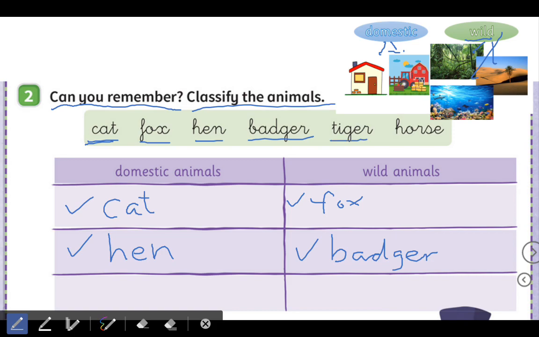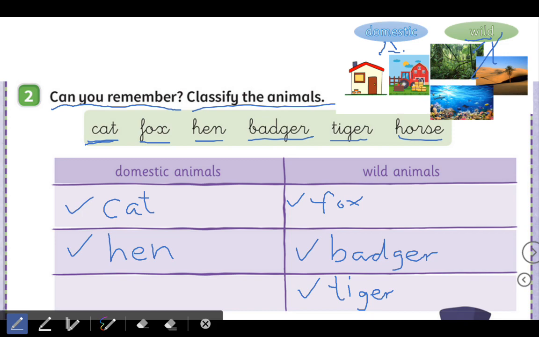Next one is tiger. Is a tiger a wild or a domestic animal? It's a wild animal. A tiger is a very wild animal. Fantastic. Tick it if you have it, okay. And finally, a horse. Is a horse a domestic or a wild animal?